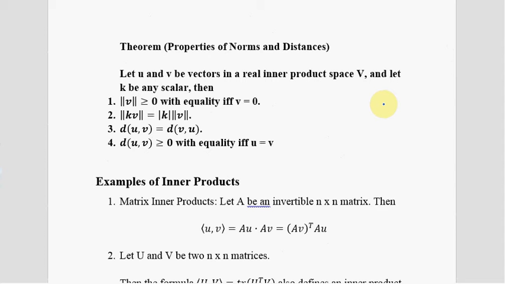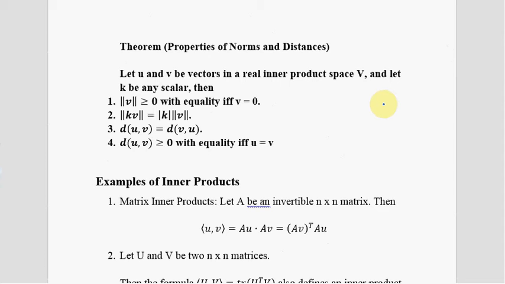So here, this is a matrix inner product. Let A be an invertible square n by n matrix. Then the inner product of u and v associated with the matrix A is said to be this. So it's the transpose of the matrix A times v, and then times here the matrix A times u.